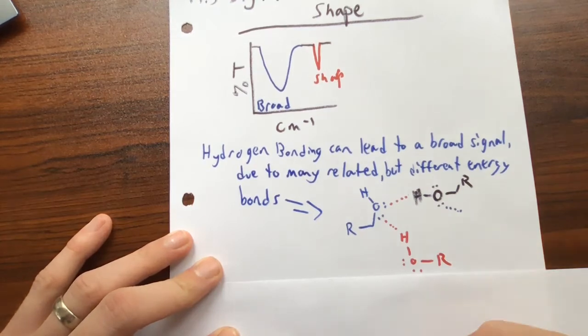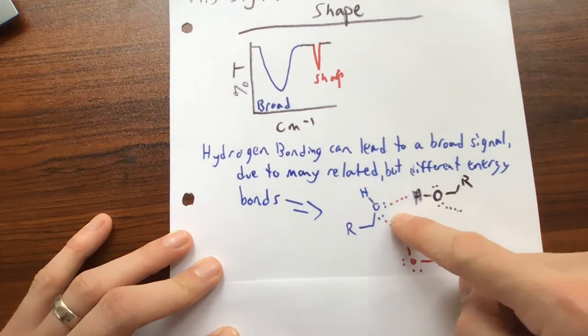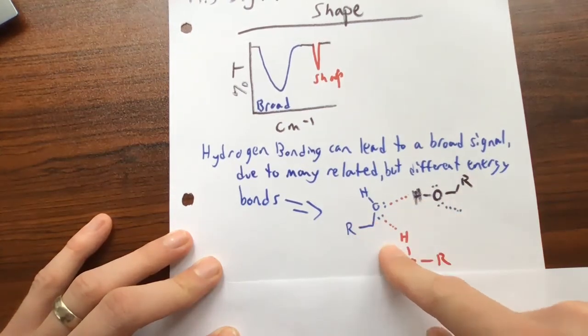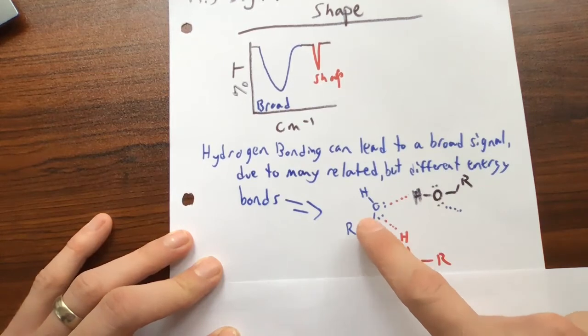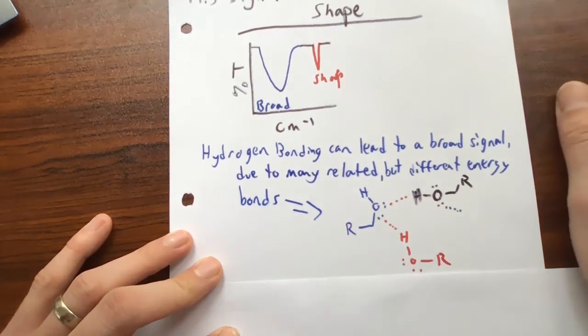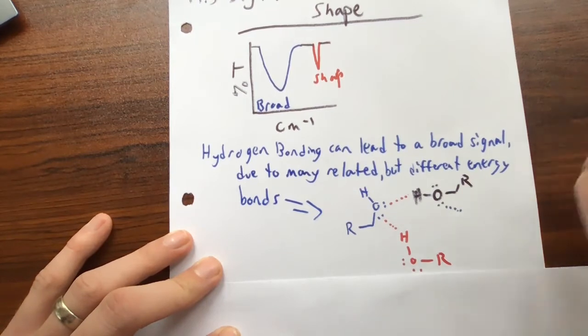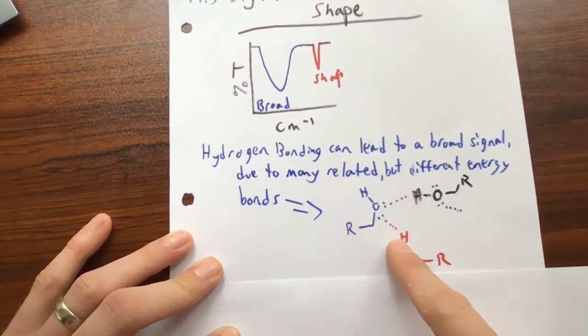And as you have differing hydrogen bonds, such as this one or this one, you are changing the types of vibrational modes that can happen in a molecule and the strength of those modes, and you're changing the types of vibrations that can happen, like with this hydrogen bond, for instance.